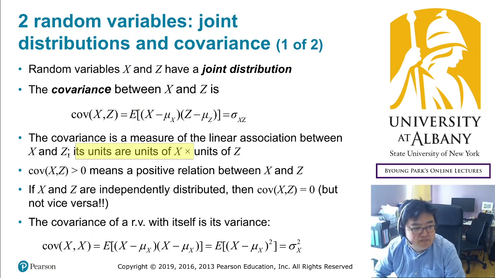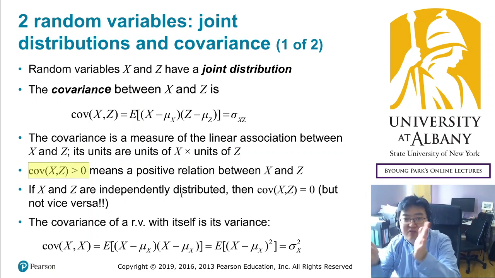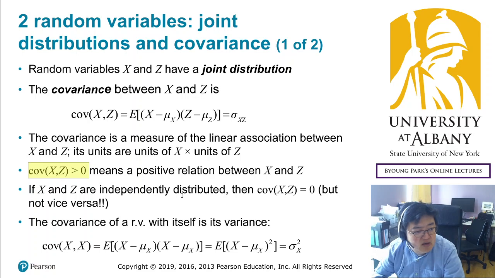So we are going to modify the covariance into a correlation coefficient in the next slide. And as I said, positive covariance implies a positive relationship, so they are moving together. If x and z are statistically independent, then the covariance will be 0.